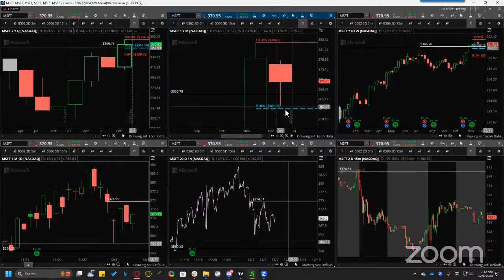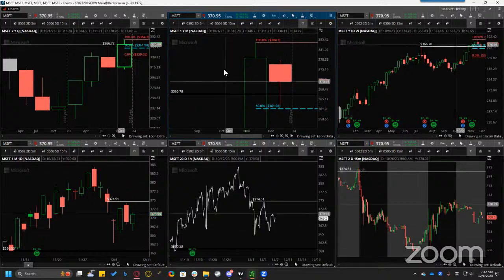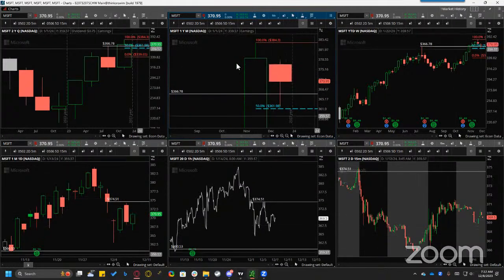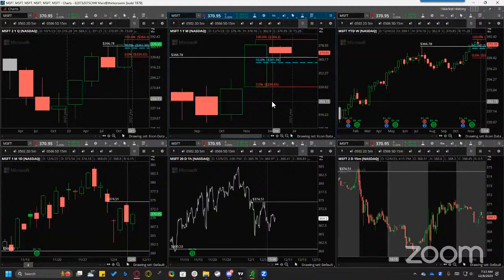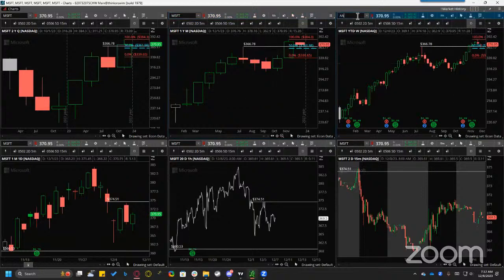We want to stay above that. We can wick below it. We just got to close above it. And so far, we're looking to close above it. But it's a new month. We just got started. We haven't really had, 1 week? So a lot of work to do, but Microsoft didn't wait. It's already on the move.